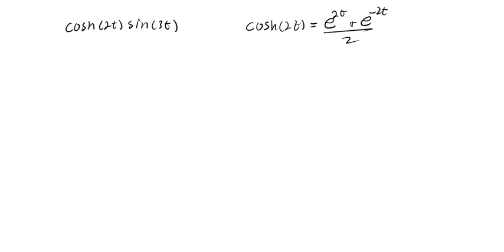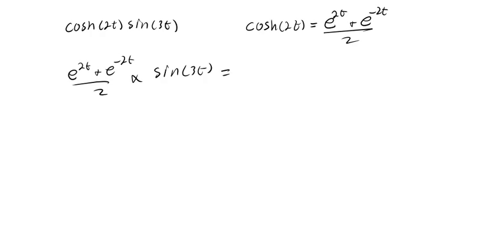Here it will just be a matter of substituting. Where I have hyperbolic cosine, I'm just going to replace it with e to the 2t plus e to the minus 2t, divided by 2, and everything is multiplied by sine 3t. So we're just going to expand here.